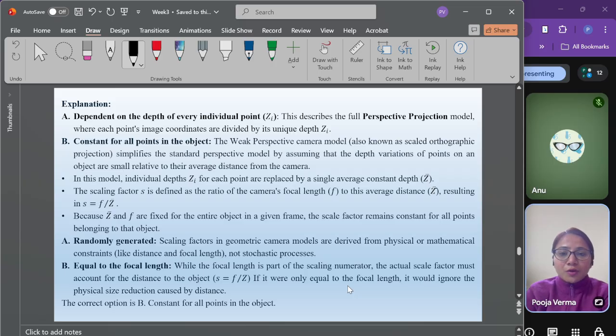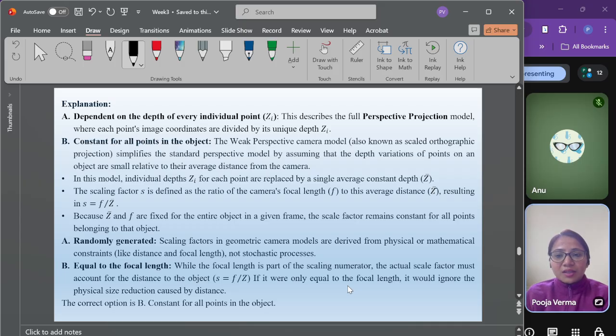Constant for all the points in the object is the weak perspective camera model, also known as scaled orthographic projection, which simplifies the standard perspective model by assuming the depth variations of points on an object are small relative to their average distance from the camera. We have already solved that question as well.